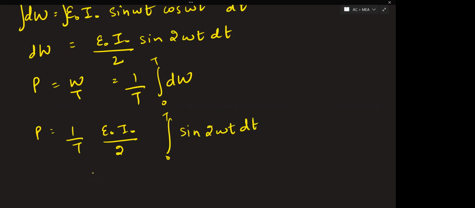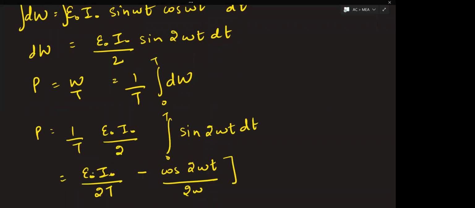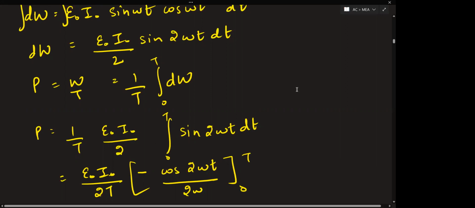Now class, when we integrate sine theta, we get a negative sign. This is E naught, I naught by 2T, with a negative sign, cos 2 omega t here, as well as 2 omega going down in the denominator, in limits from 0 to T.